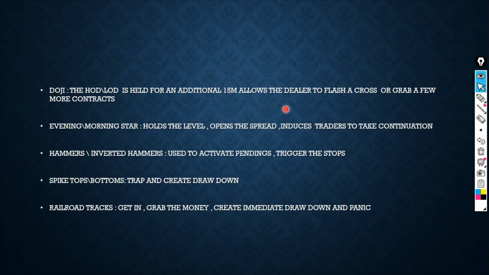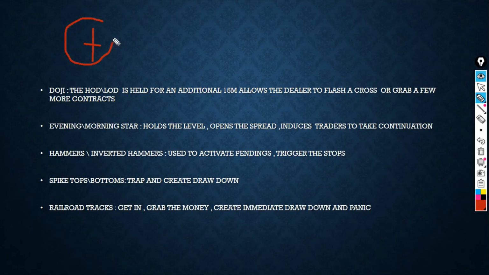Okay, so what does each candlestick represent? I'm going to draw for you what each candlestick will look like. I'm going to use red for this one. So a doji is something like this. With a doji, the low of the day is held for an additional 15 minutes, which allows the dealer to flash across or grab a few more contracts.